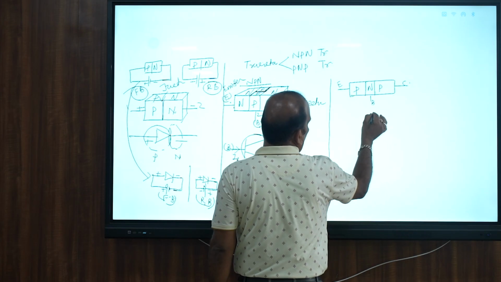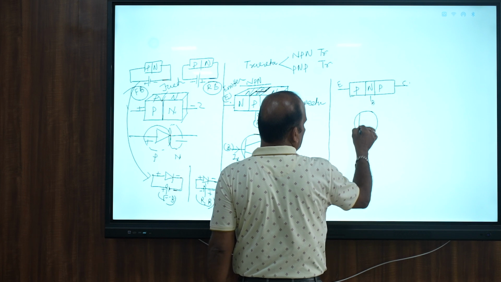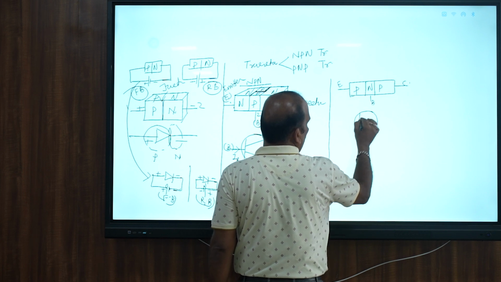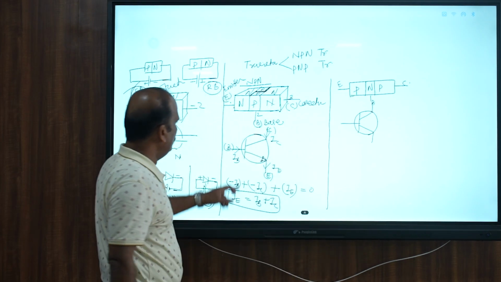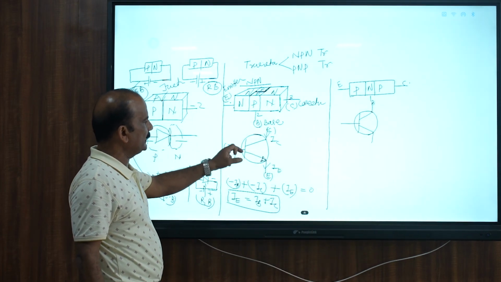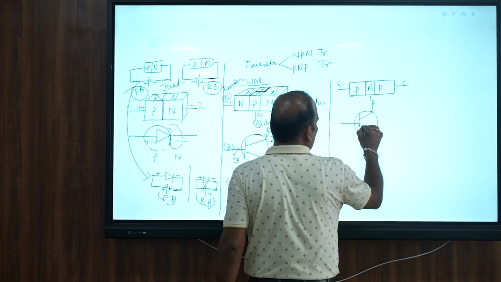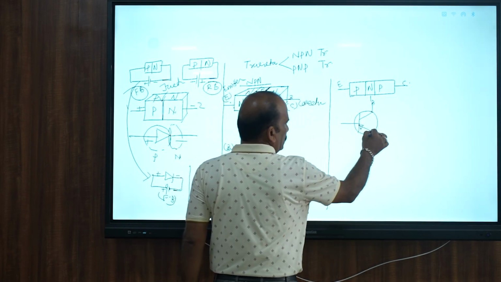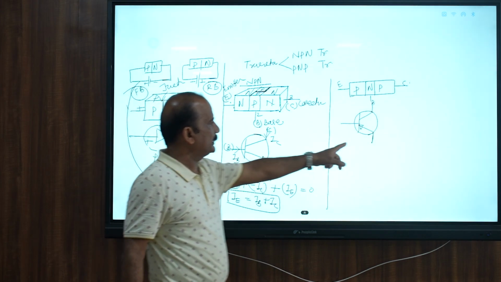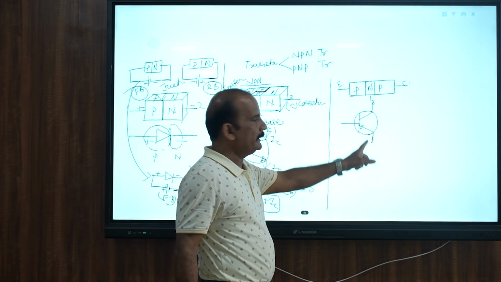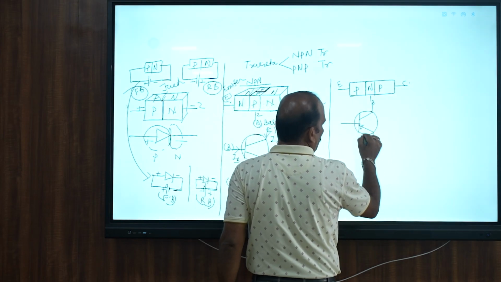The component diagram of this PNP transistor is like this, but there is a difference. What is the difference? In case of the NPN transistor, the arrow is heading outward. Here, the arrow will be heading inward. That means there the current was going out, but here, as per the arrowhead, the current is going in.